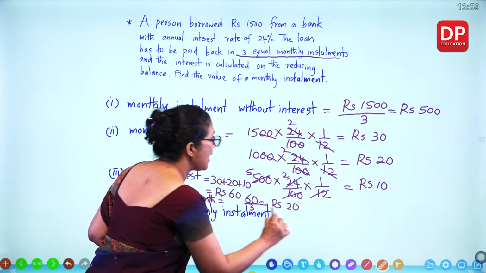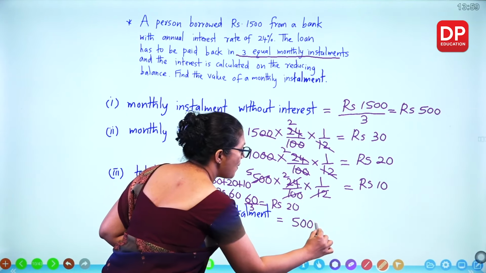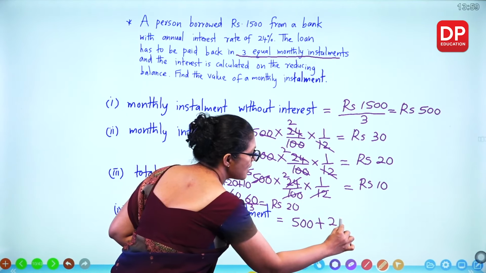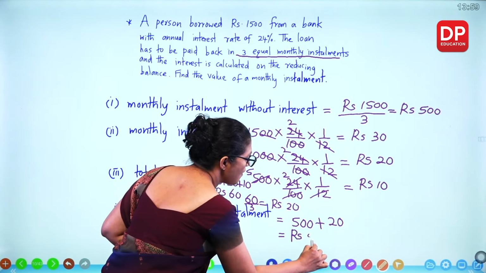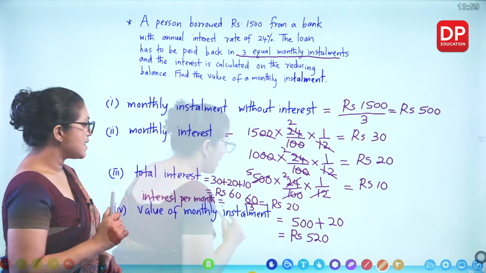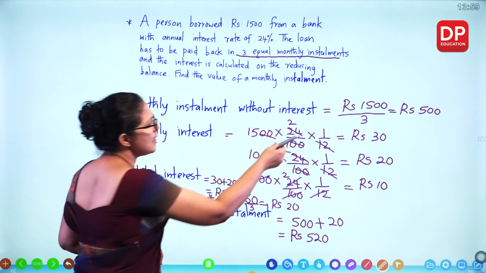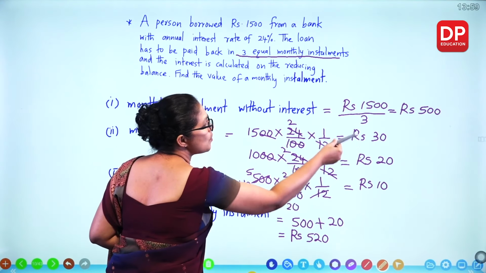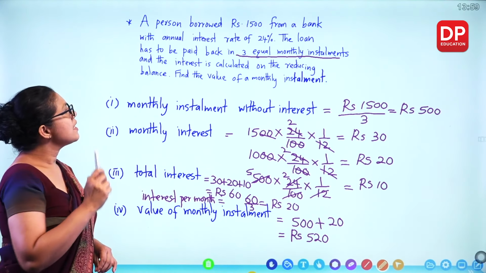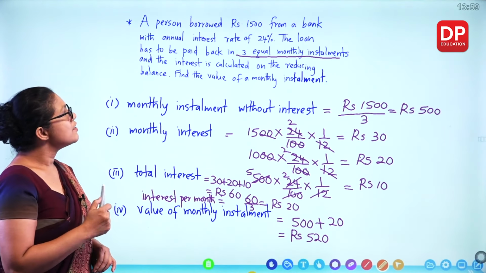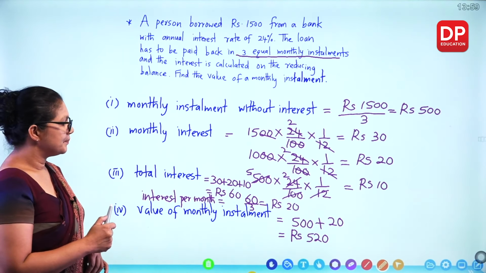You have to pay 500 plus the interest. 500 plus 20, you get 520 as the value of the monthly installment. Here can you see this one is reducing over time. That's called the reducing balance method. The interest is calculated on the reducing balance.